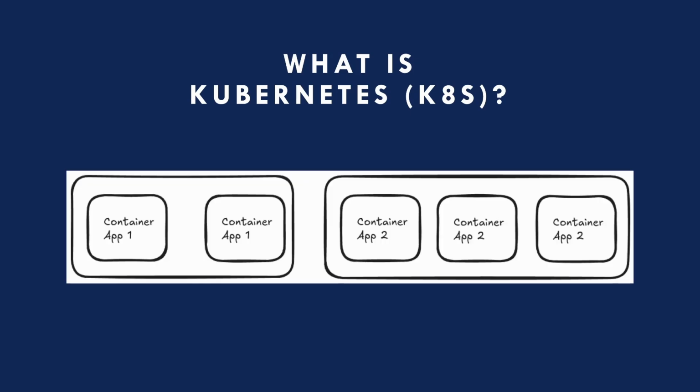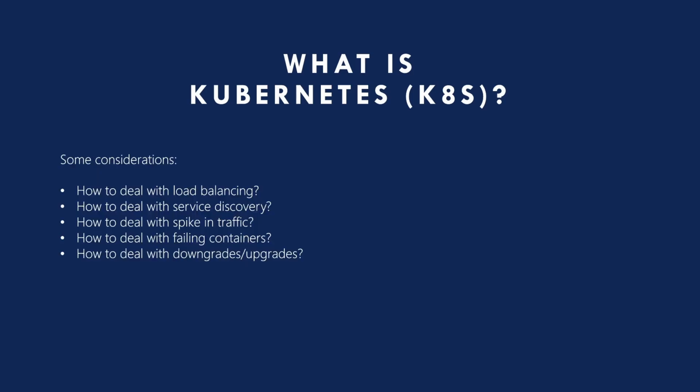Now, this is an example scenario of what I was just speaking about. You have containers of app 1 and containers of app 2, and they are up and running in the wild. Based on this situation, you can ask yourself a bunch of questions.